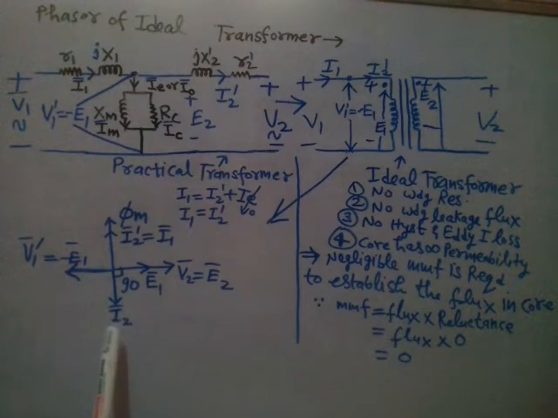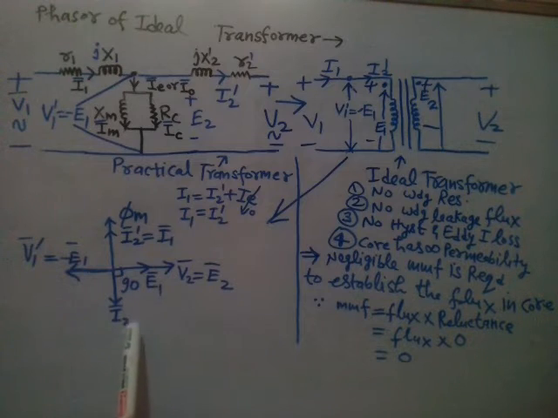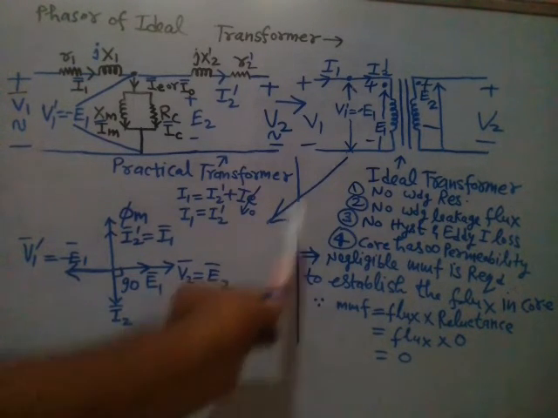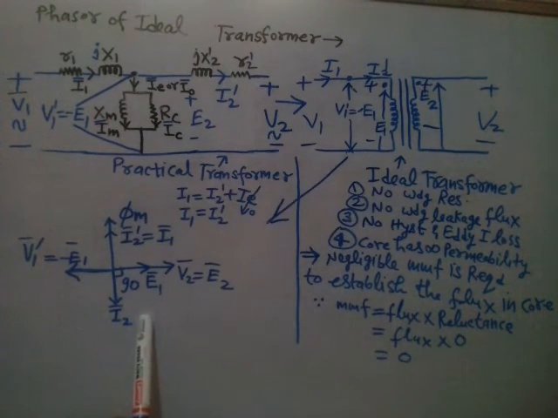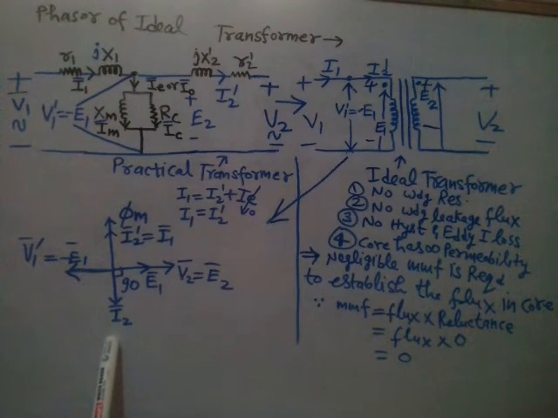In the third step, lag I2 by 90 degree from V2, because the winding is purely inductive, because it is an ideal transformer, no winding resistance. So I2 will lag V2 by 90 degree, so I2 will come here at 90 degree. That is step number 3.